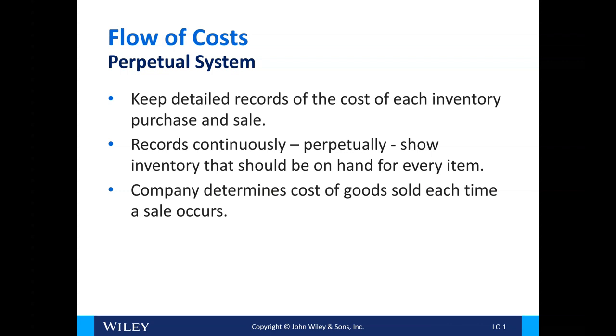So I went to them and they said, well, that's a mistake. So now they're going back and changing their inventory to account for whatever happened, which is called shrinkage, and we'll talk about that later. But it keeps detailed records and it continuously records. So perpetual means continues on forever and ever. And the company determines cost of goods sold every time a sale occurs.